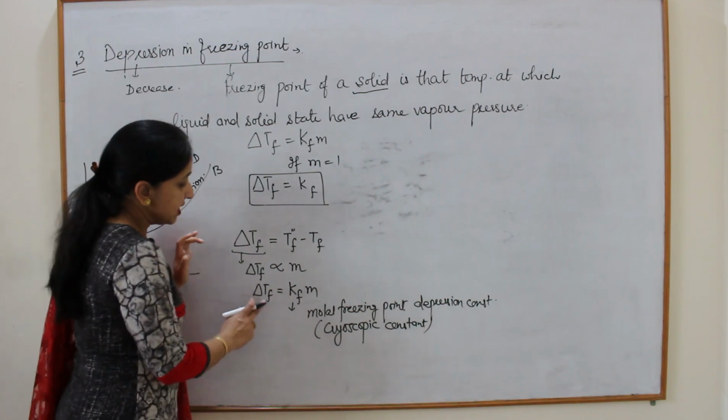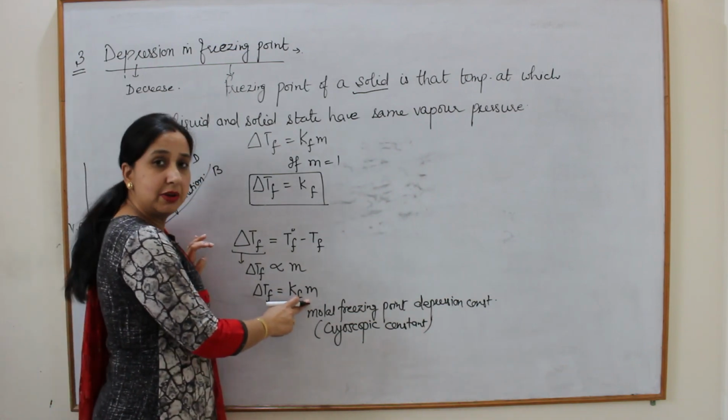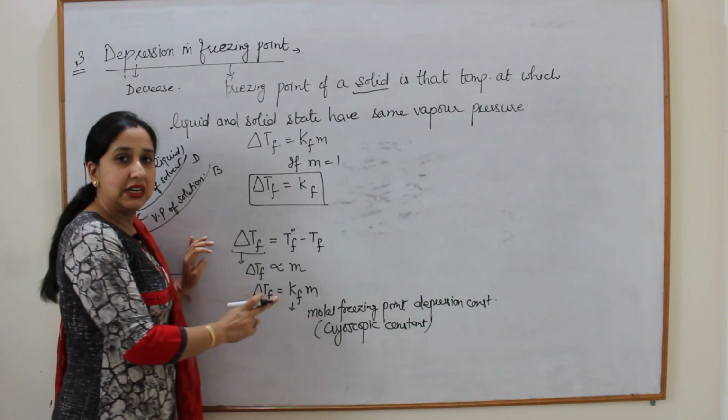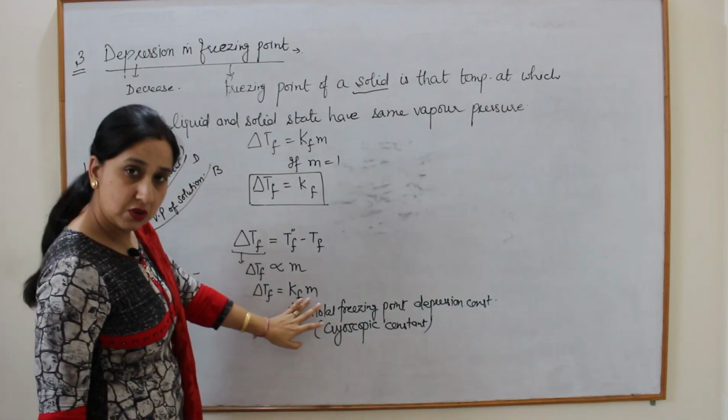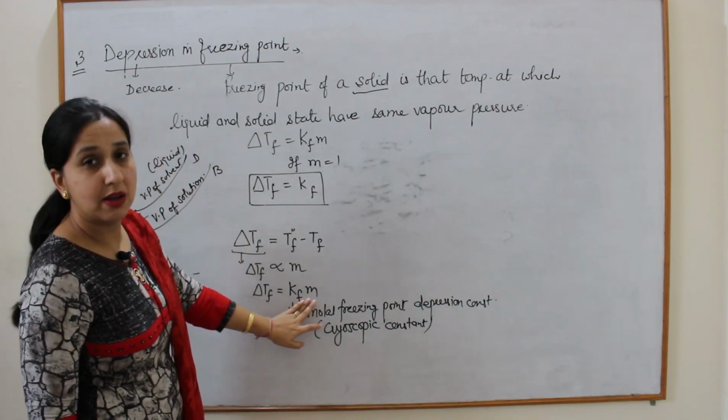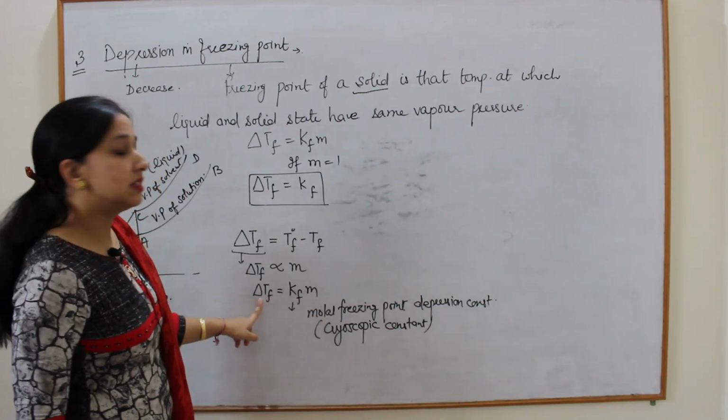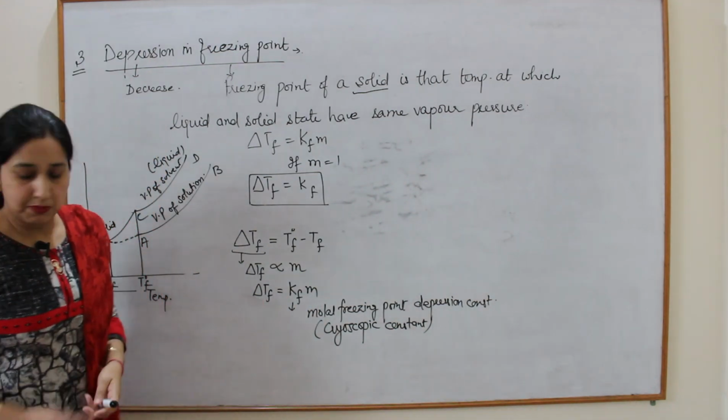Molality is the number of moles of solute dissolved per 1000 gram of the solvent. So it is again a colligative property.